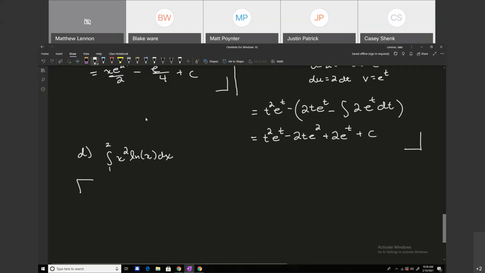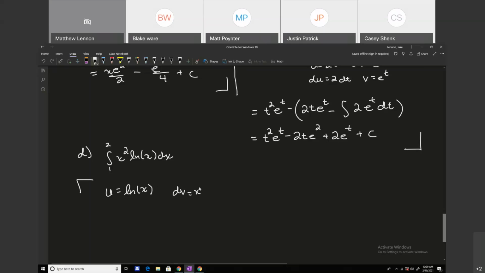So we're going to let u be the natural log of x and dv be x squared. So you might want to put that in your memory banks when you're choosing them. Usually if you have a polynomial times an exponential, the polynomial is u. But when you have a polynomial times a logarithm and you're doing integration by parts, you want to let the polynomial be dv.